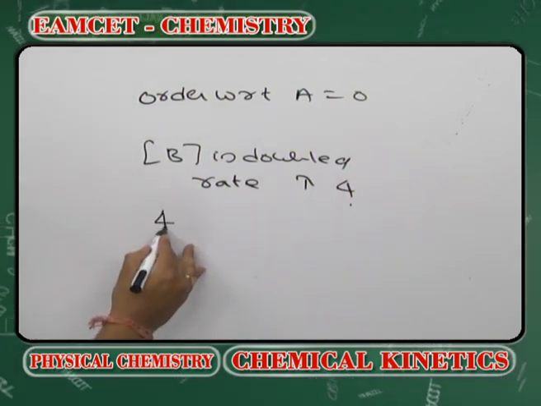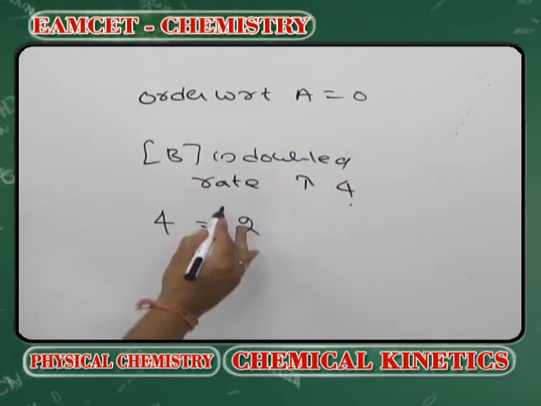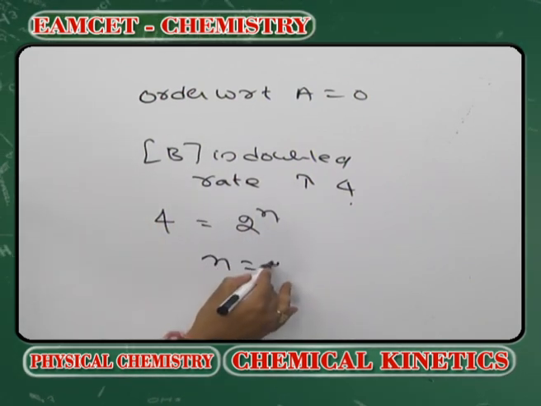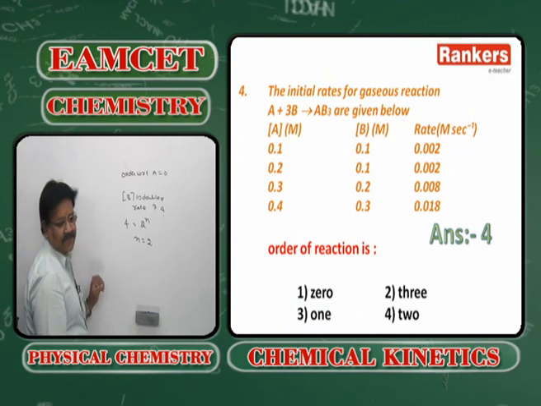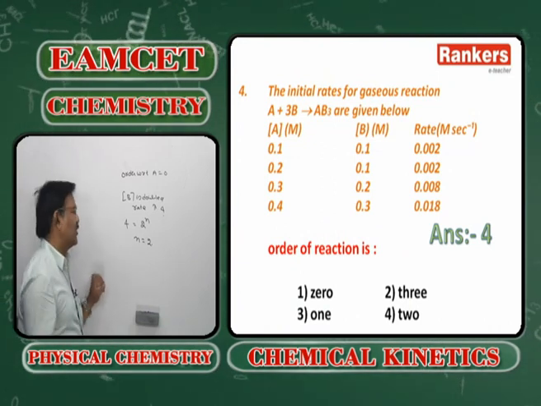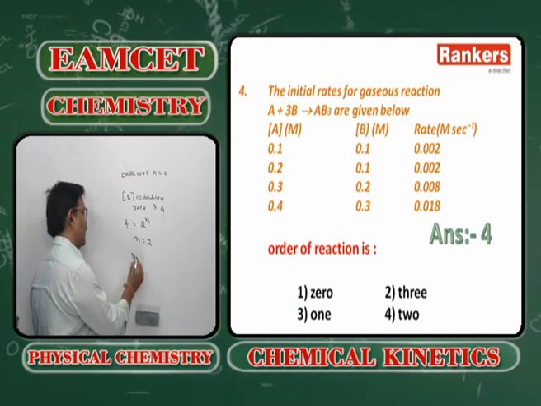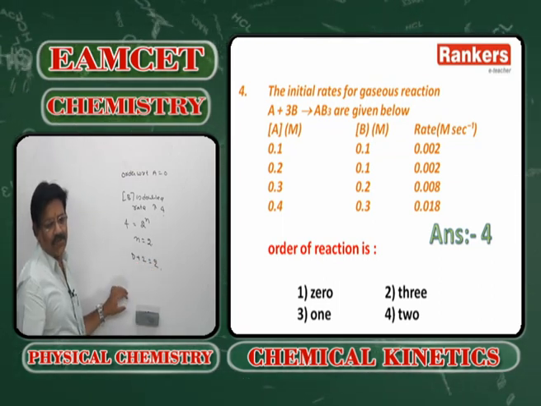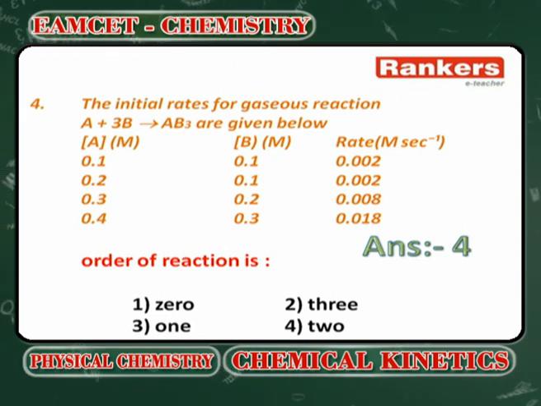So y is equal to 4 and x is equal to 2, and n is such that 2 to the power of n equals 4. So n is equal to 2. So order with respect to B is equal to 2. Overall order of the reaction is 0 plus 2, that is 2. Option 4 is the answer. Next question.